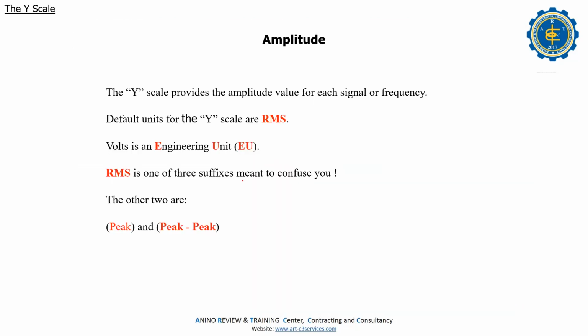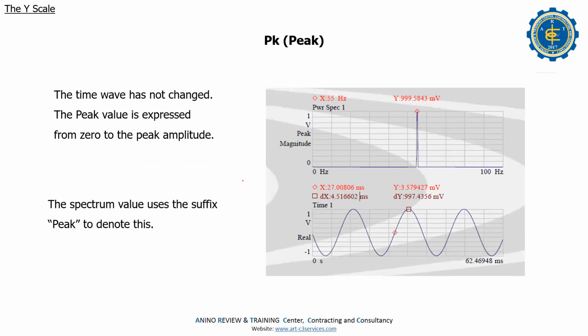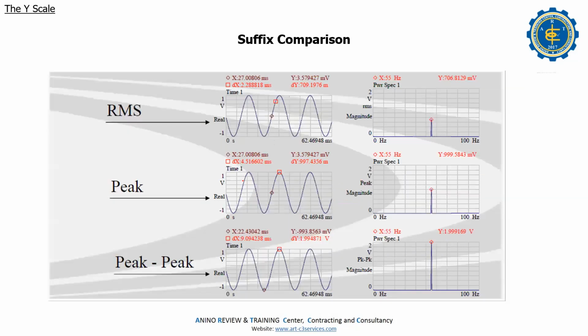By scale, this amplitude: peak to peak, and the root mean square. V peak divided by root 2. So there's a difference, right? If you use RMS, then peak to peak.